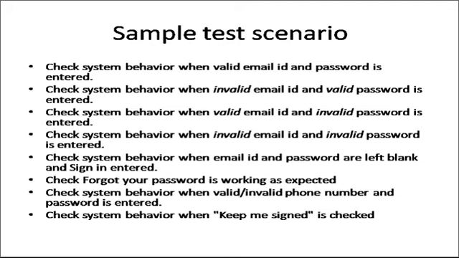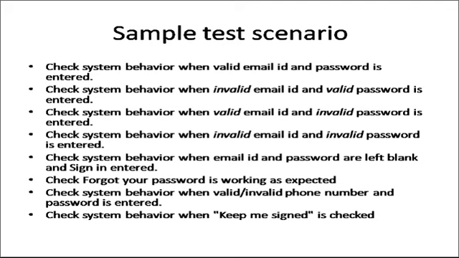Accordingly, your system should behave properly as per expectation. Check system behavior when a valid email ID and invalid password is entered. How your system will behave when one option is correct and one option is wrong. In each of these tests, your system should behave as per expectation.